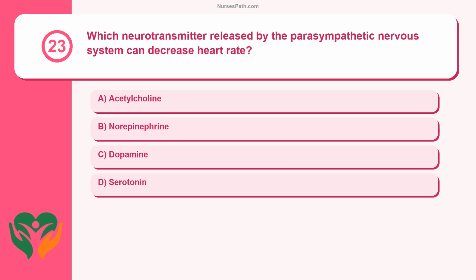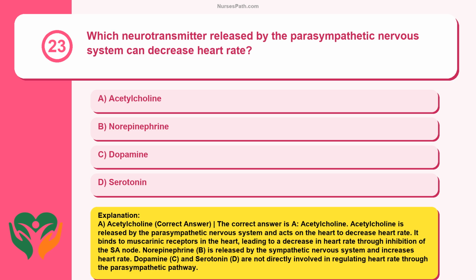Question 23. Which neurotransmitter released by the parasympathetic nervous system can decrease heart rate? Acetylcholine. Norepinephrine. Dopamine. Serotonin. A. Acetylcholine. Correct answer. The correct answer is A. Acetylcholine.